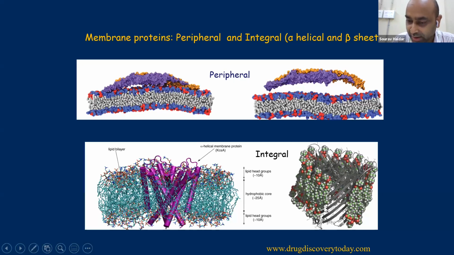Usually membrane proteins are either alpha helical or beta barrel. Unlike soluble proteins, where part of the protein is beta and part is alpha helical, that rarely happens in the case of membrane proteins.